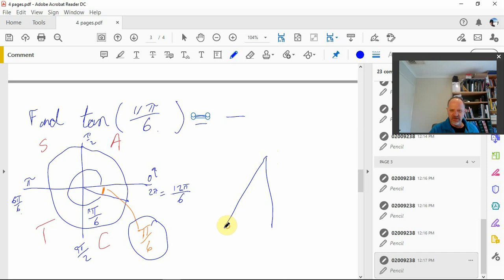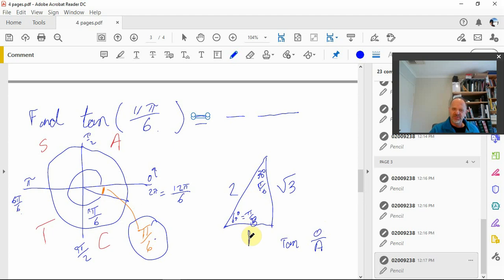Here, triangle here, the big angle is 60 degrees, which is pi on 3. Whoa, 3, not 2. The little angle here is 30 degrees, which is pi on 6. Hypotenuse is 2, the long side is root 3, the short side is 1. And we are after the tan. Pi on 6, tan is the opposite over the adjacent.